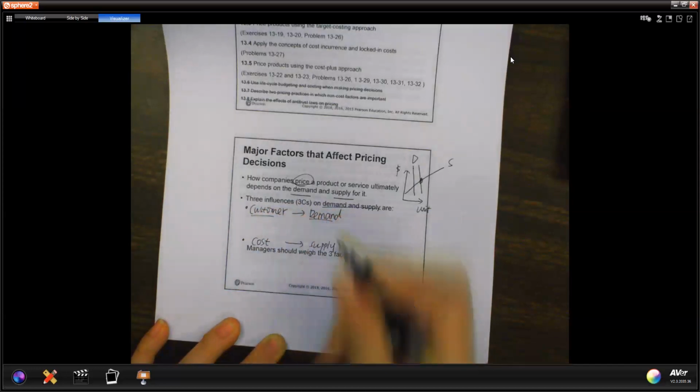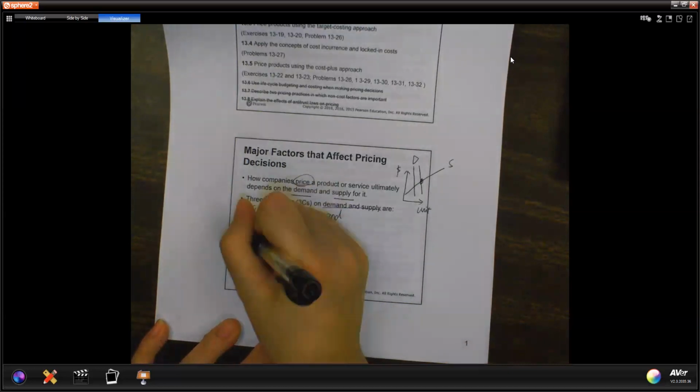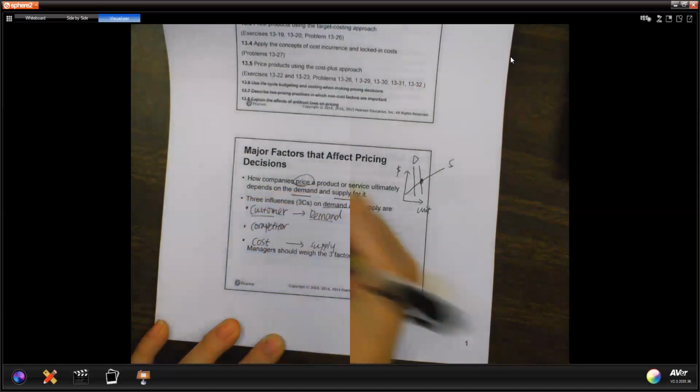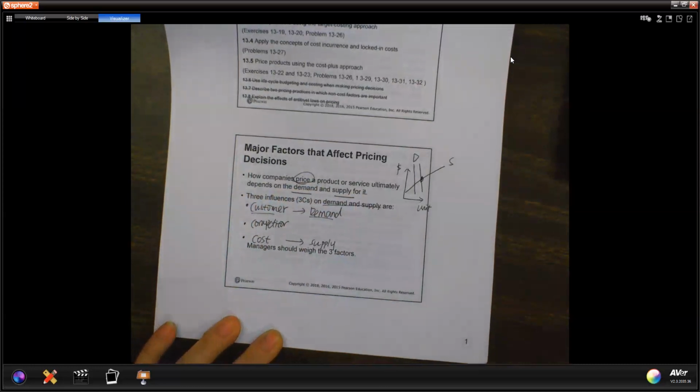If the cost goes up, the supply will go down. And in the middle is the competitor, which will affect both. So that's our three C's that will affect our price.